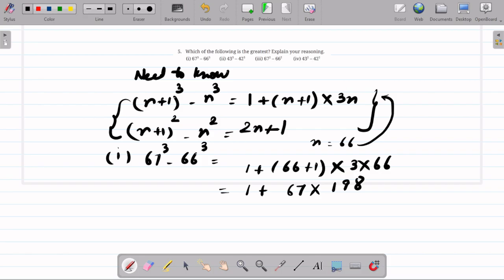Then we multiply 198 with 67, which is 13266. By adding 1, we get 13267. We'll use this formula in all the above questions.